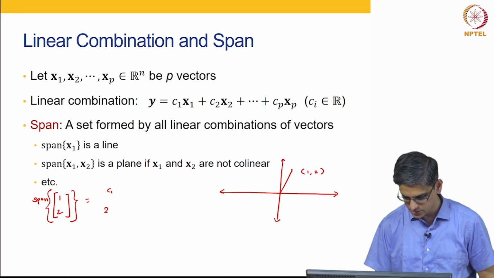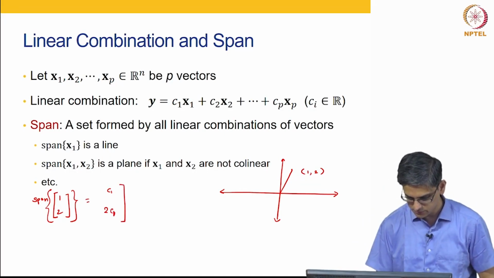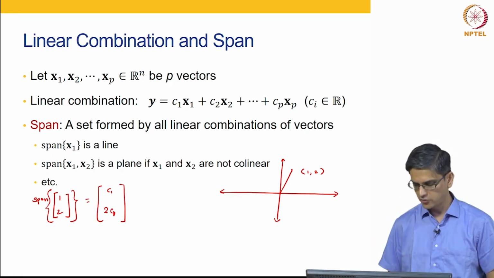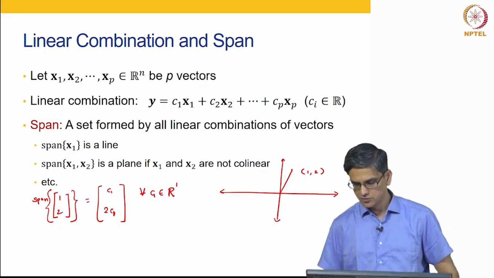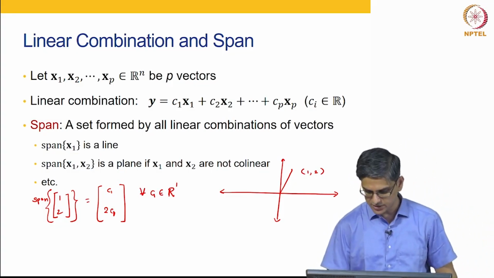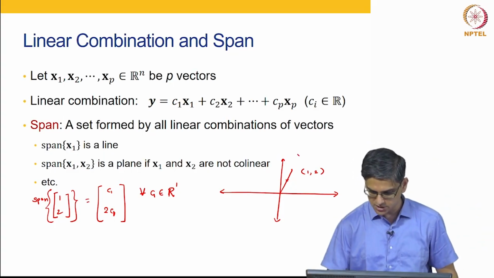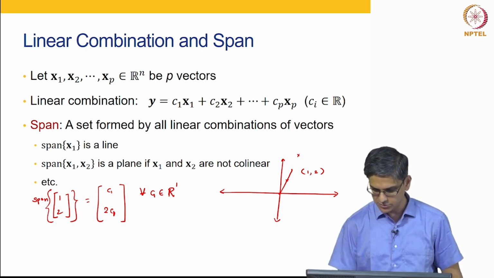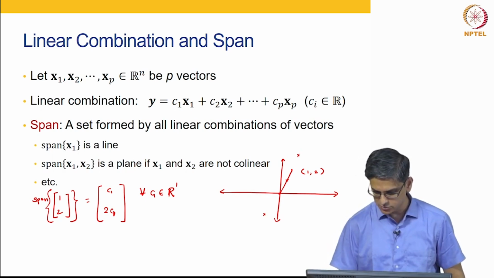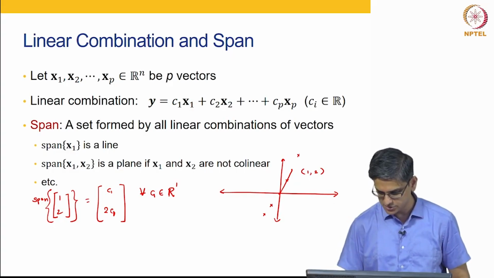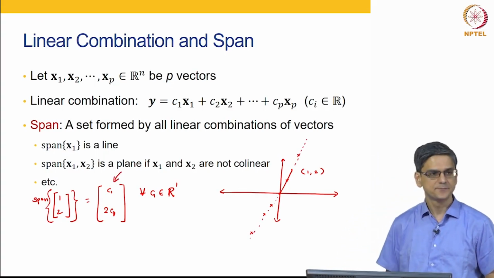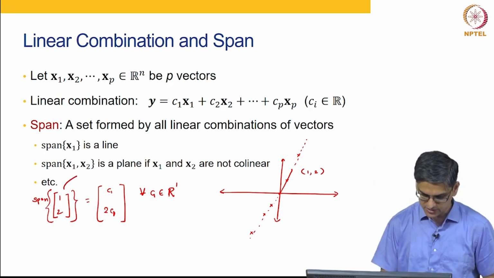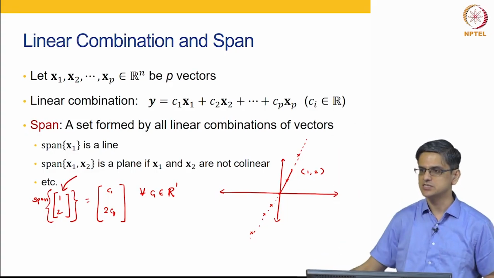So that is c1 and 2c1 for all c1, which basically means let us say c1 is half, then it is this value, c1 is 2, then it is this value, c1 is 0, then it is this value, c1 is minus 1, then it is this value, c1 is minus half, it is this value, c1 is minus 2, then it is this value, and so on. So span of this vector is just a line that passes through the origin.